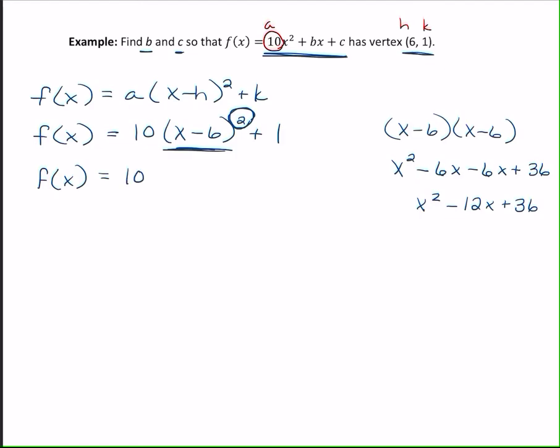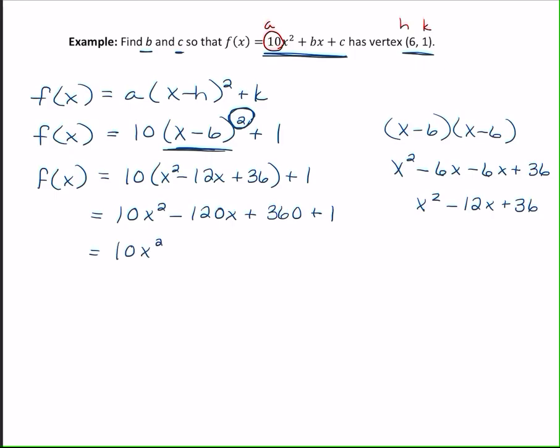So I still have the 10 out here in front, times x squared minus 12x plus 36 plus 1. So now you can distribute the 10: 10x squared minus 120x plus 360 plus the 1, and then combine like terms.